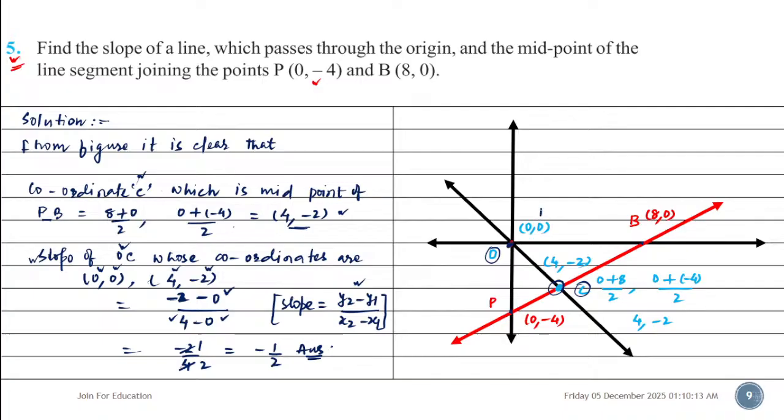So this is the y2 and this is the y1 and this is the x2 and this is the x1. So the slope of this one is minus 1 by 2.